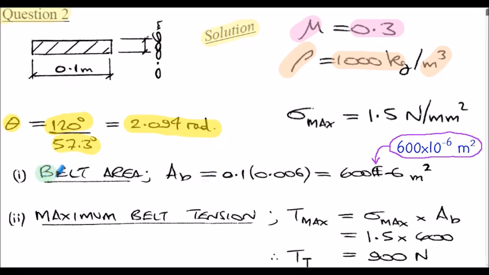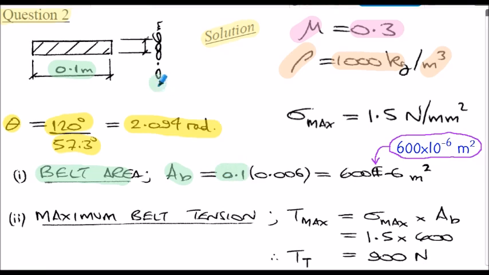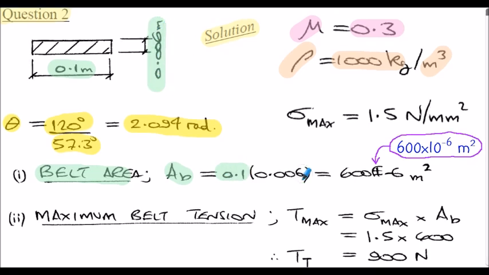Determine the belt area here, area of the belt. The belt is 100 millimeters width, 0.1 meters here, and 6 millimeters thickness. So that's 0.006 meters. That evaluates to 600 multiplied by 10 to the negative 6. Just notice my shorthand notation there. That's actually 600 times 10 to the negative 6 meters squared.